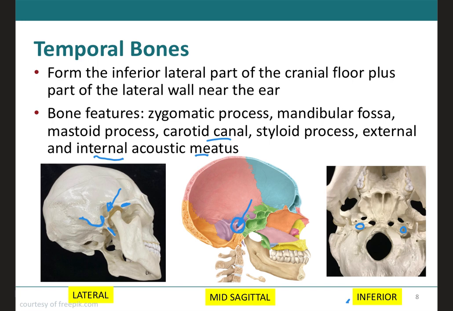To orient yourself in localizing the carotid canal, because sometimes it's a little bit hard, notice how it's going to be medial to the styloid process on both sides. So these are your styloid processes on both sides, and then we also have the mastoid process sticking out right over here. So this will give you an orientation of where to look for the carotid canal.